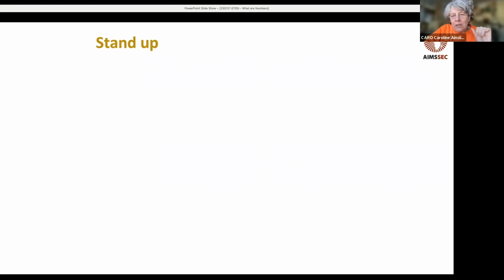Nettie says we were taught you can't subtract bigger numbers from smaller numbers. I remember that being said to me. Simbiwe says some children say that we're not allowed to subtract a big number from a small number. These are very useful reflections, and we need to be very careful, A, what we say to the learners, and B, to be aware of what is going on in their heads.